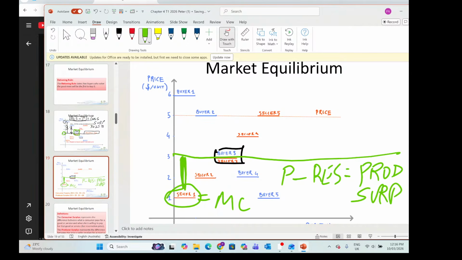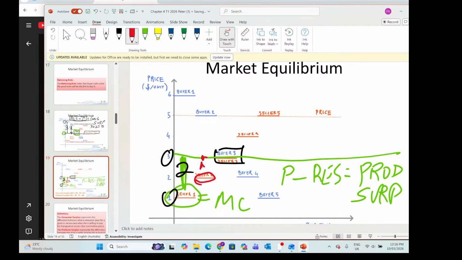They're quite happy because they've got a cost of 1 and a price of 3. So their producer surplus is 2. And then the next seller has a marginal cost, a reservation price, of 2, and they've got a price of 3. So they've got a surplus of 1.